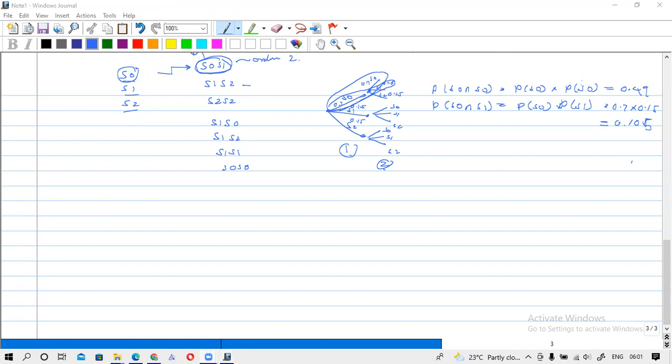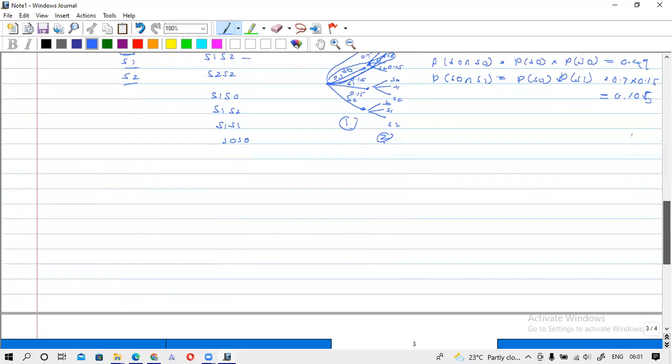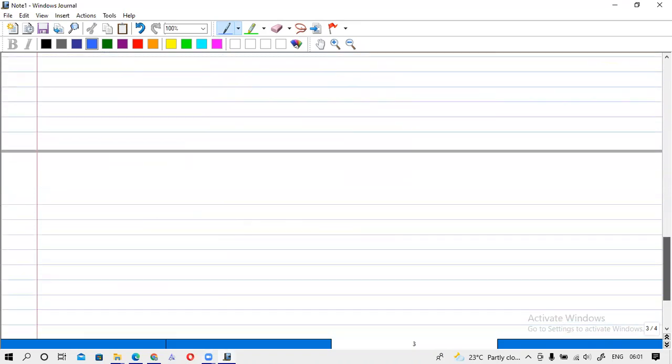We can find the other probabilities also. But this is not the whole case. We have to apply the Huffman codes here.